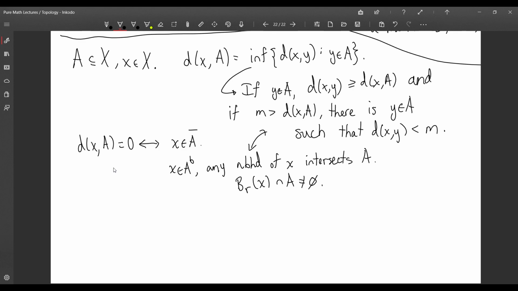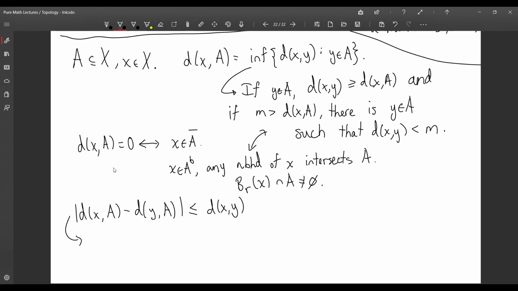The next thing, and this one is a bit tricky to prove, is that the distance between x and A minus the distance between y and A, if we subtract and take an absolute value, is less than or equal to the distance between x and y. To be honest, when I was taking my notes for this lecture, I blanked on how to prove this, but I proved it in the past, so I'm confident you can do it as well.